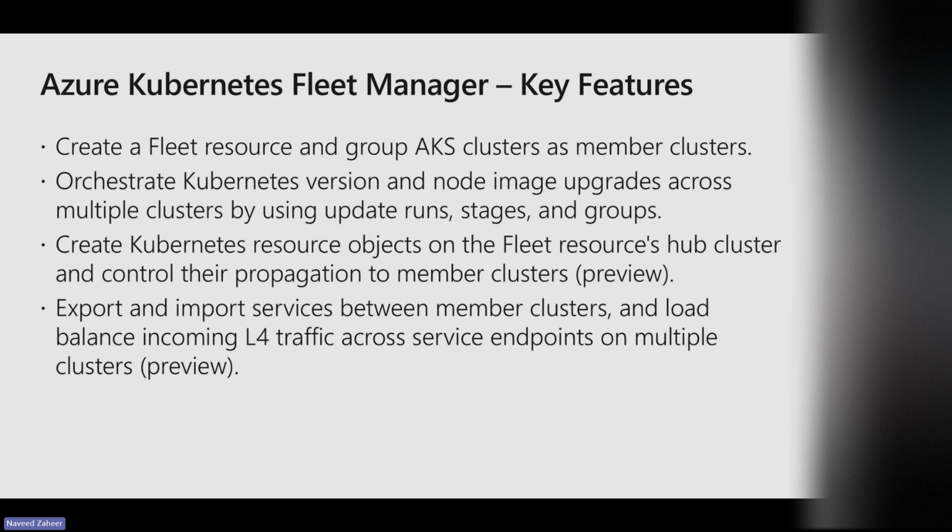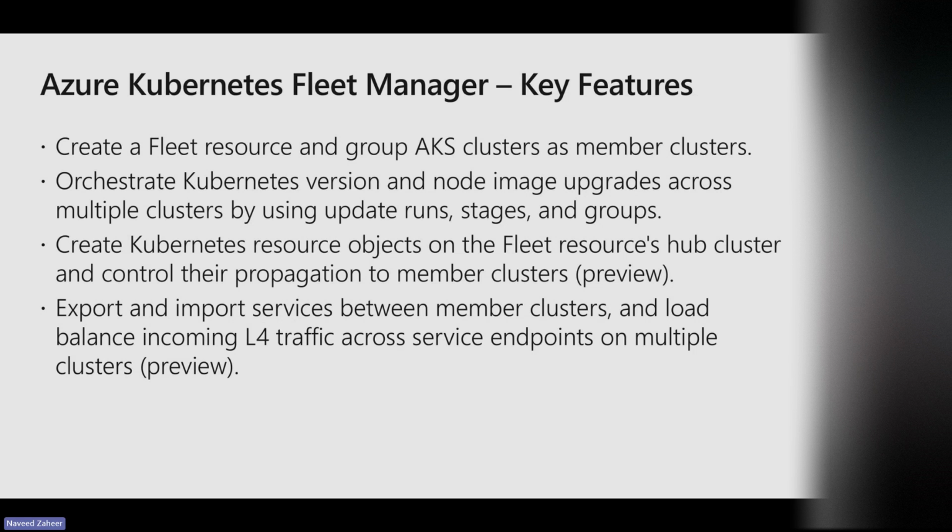Because think of it, let's say that you have 15 clusters, five of them are dev clusters, and the rest are production. You want to first apply the update to dev to make sure everything is working and test it out, and then you propagate the update. That can be a node image update or a Kubernetes version update. Then you want to propagate next.